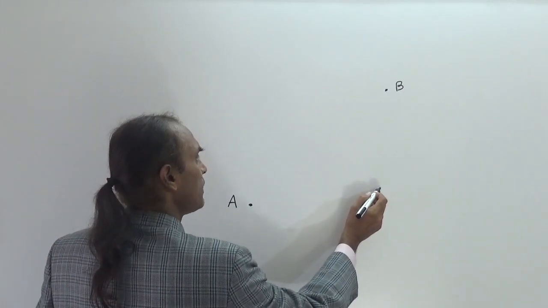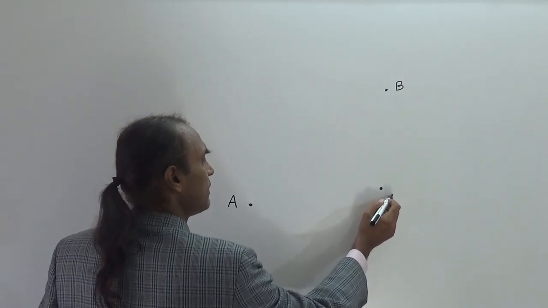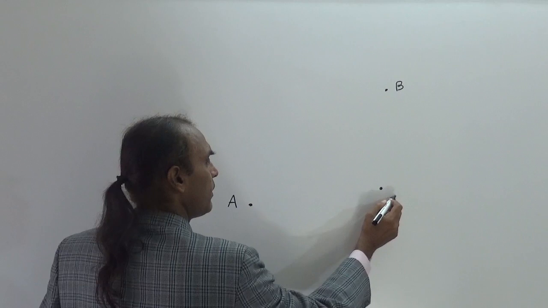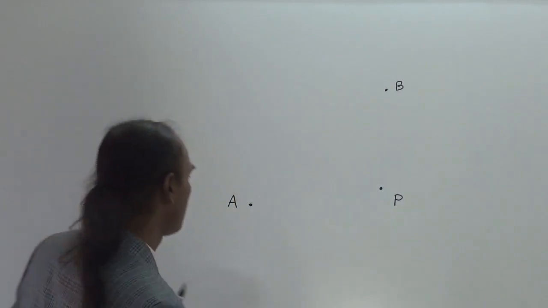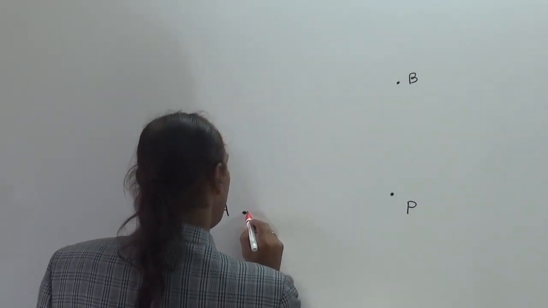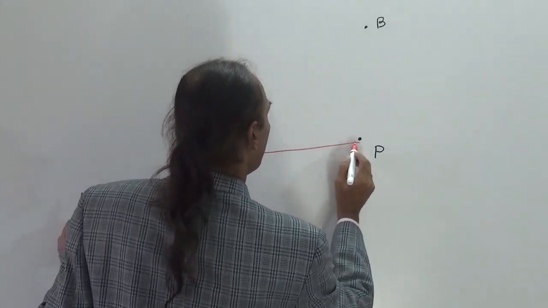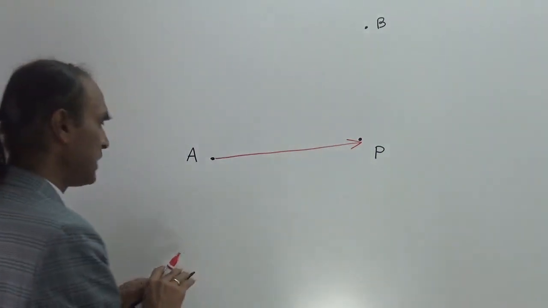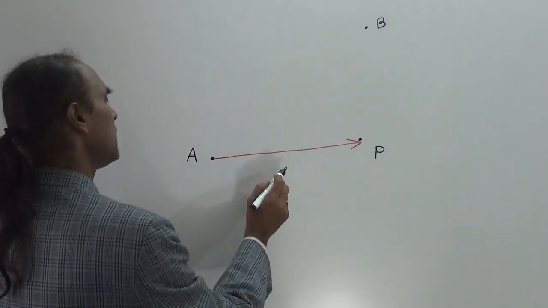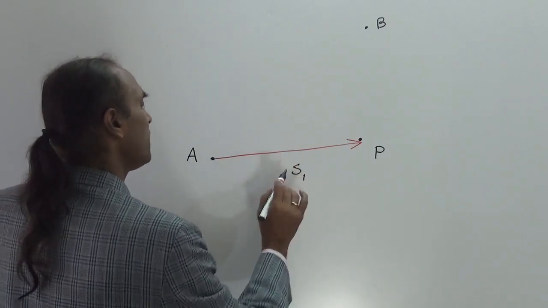And we can move to the point B via another point, that will be P. When you are moving from A to P along a straight line, this is the displacement you are undergoing. You are undergoing this displacement S1 while you are moving from A to P.